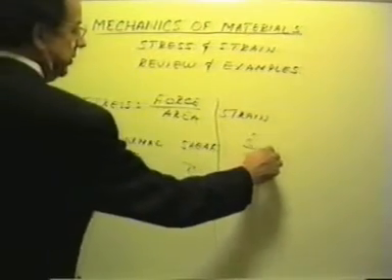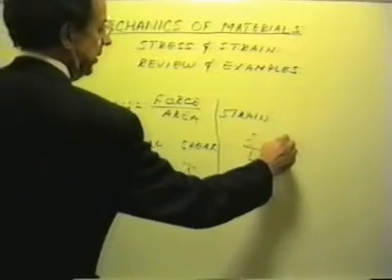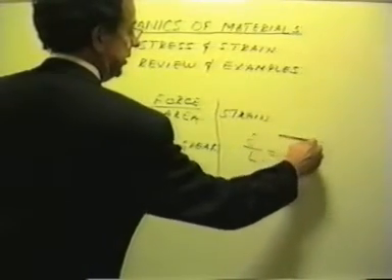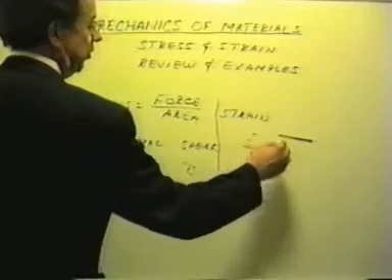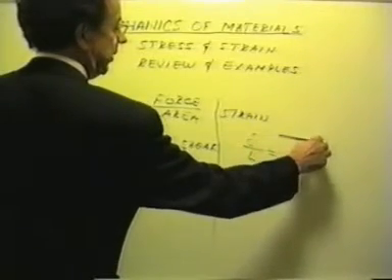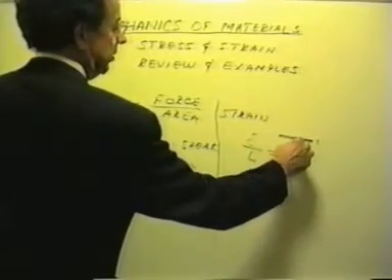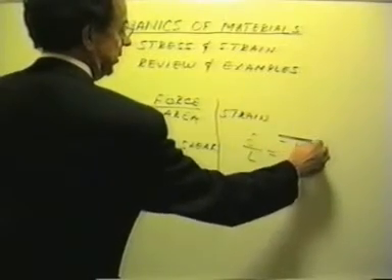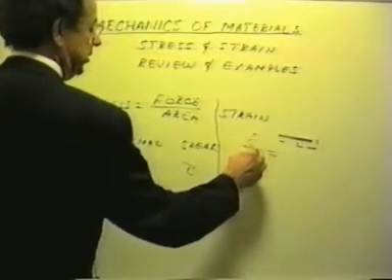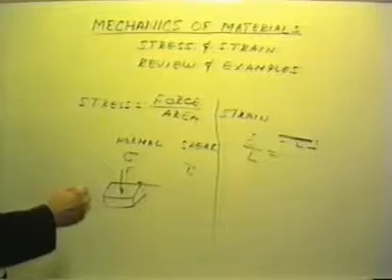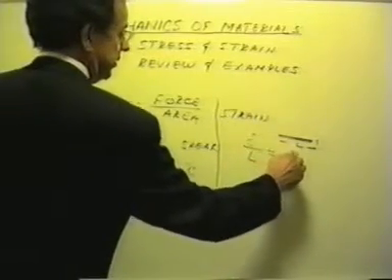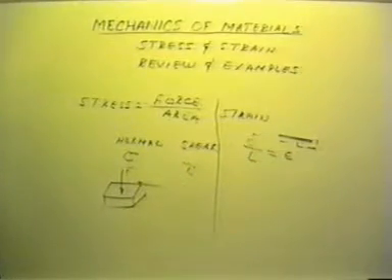Let's suppose you had a rod, and after you load it, it increases its length by some delta, and L is the total length approximately. So the ratio of the increase to the original length is called epsilon, and it's unitless.